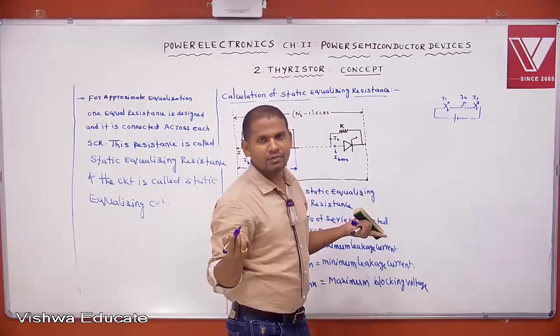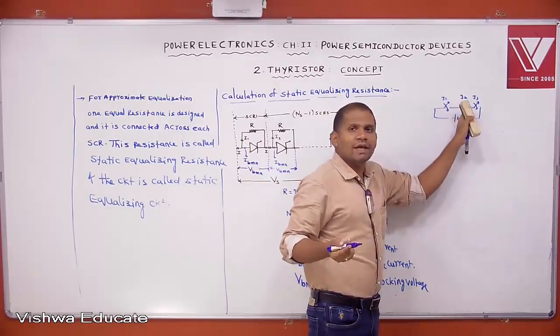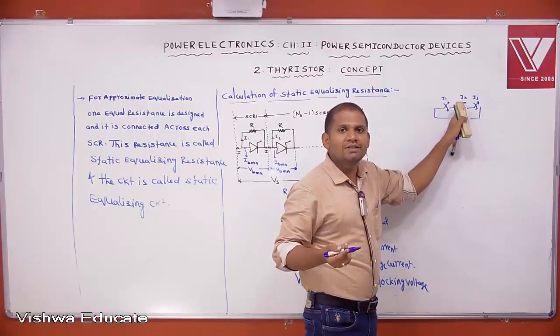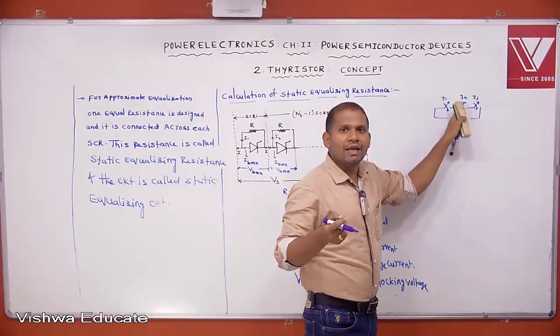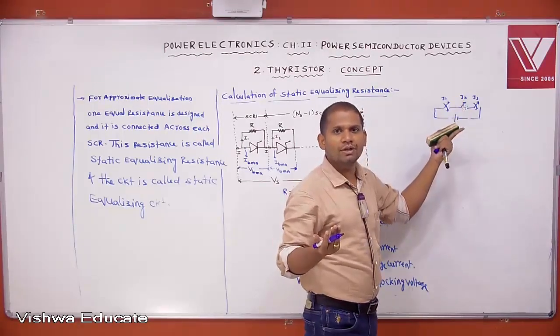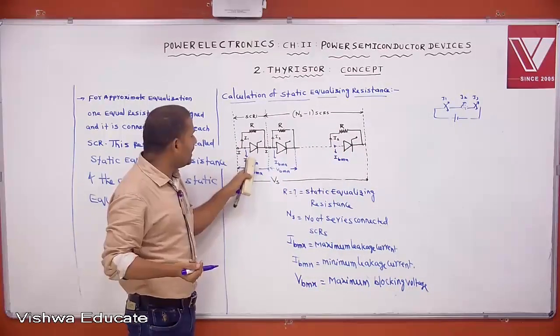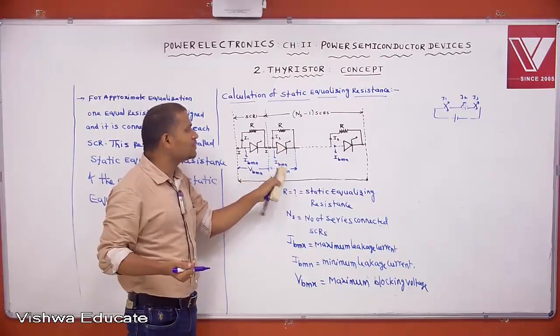For example, if an SCR has the maximum leakage current, there are more charge carriers at J2. Then the width of J2 is less, so it blocks less voltage. That's the reason: an SCR with minimum leakage current blocks the high voltage, and an SCR with maximum leakage current blocks the less voltage.